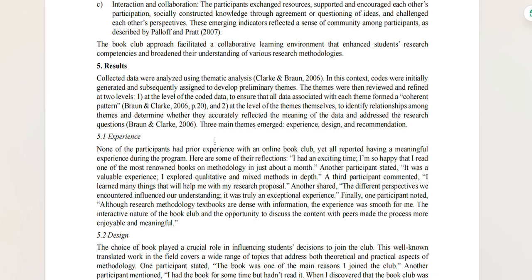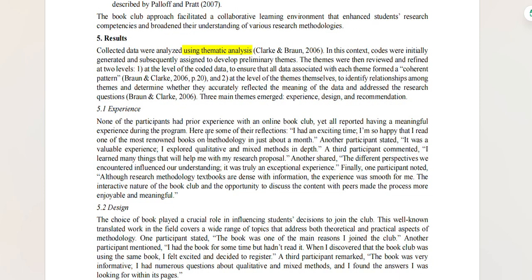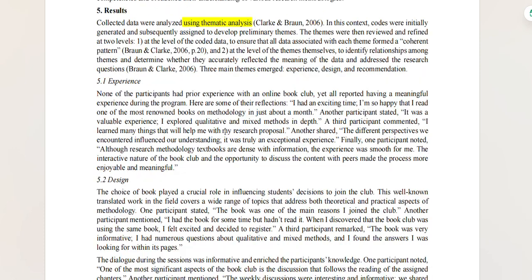So it follows these steps. First, introduction of data analysis. Second, explanation of the thematic analysis process. Third, presentation of theme one. Fourth, presentation of theme two. Fifth, presentation of challenges or limitations if applicable.